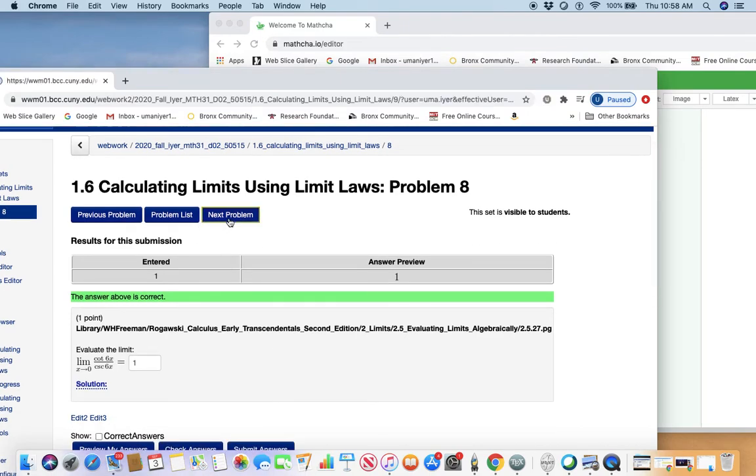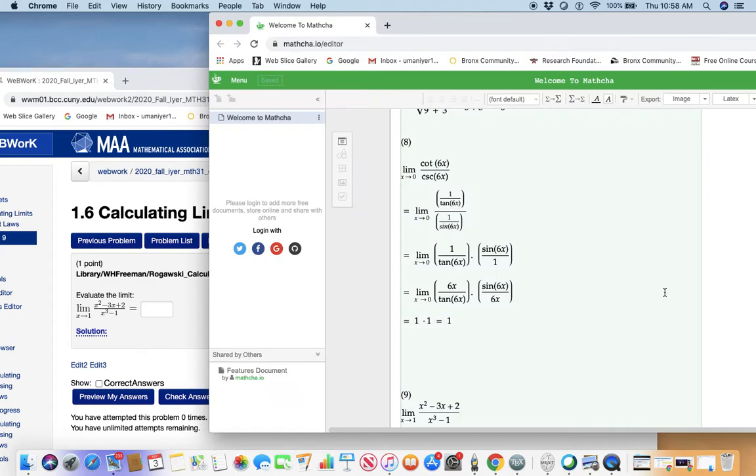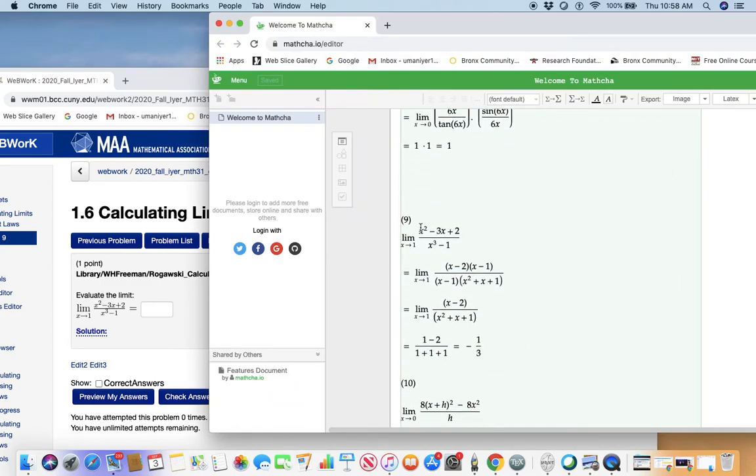Next. The limit as x approaches 1 of (x squared minus 3x plus 2) over (x cubed minus 1). An expression like this, first try substituting x equals 1. When you plug in x equals 1, you get 1 minus 1, 0 in the bottom, and 1 minus 3 plus 2, 0 in the top. 0 over 0.